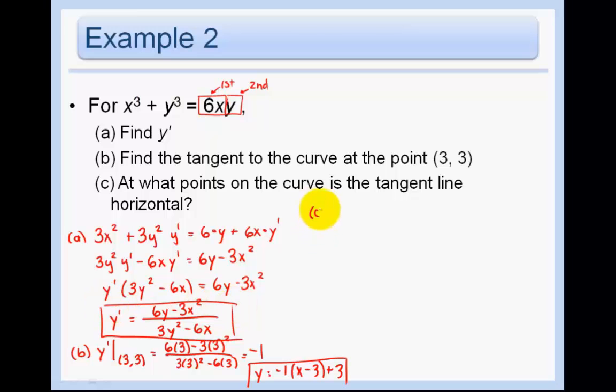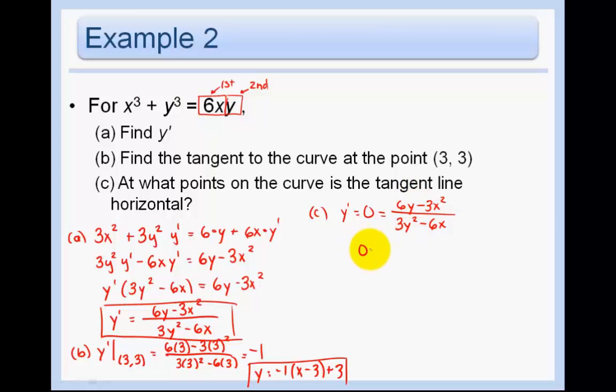And part C is asking us at what points is the tangent line horizontal. So the tangent line is going to be horizontal when y prime equals 0. And when is our fraction equal to 0? Only when the numerator is 0.